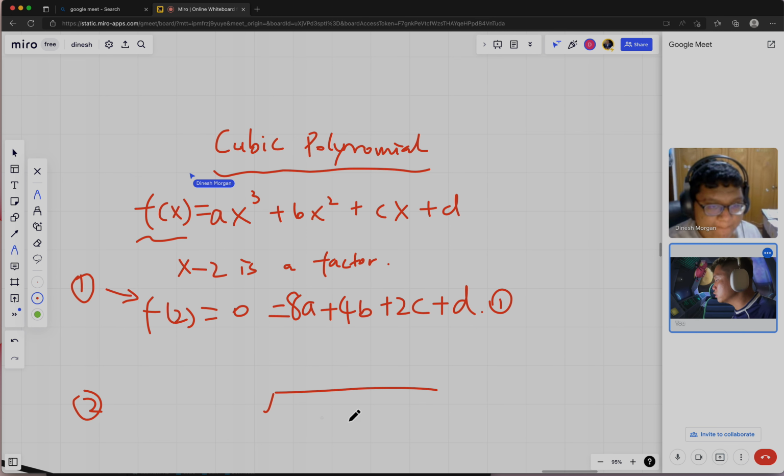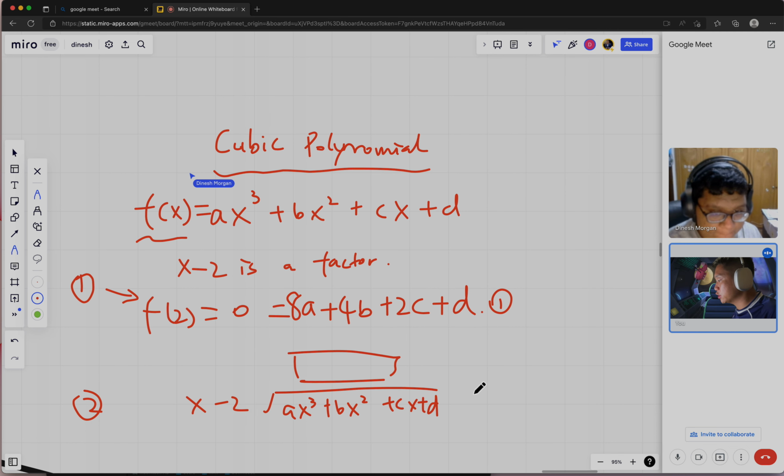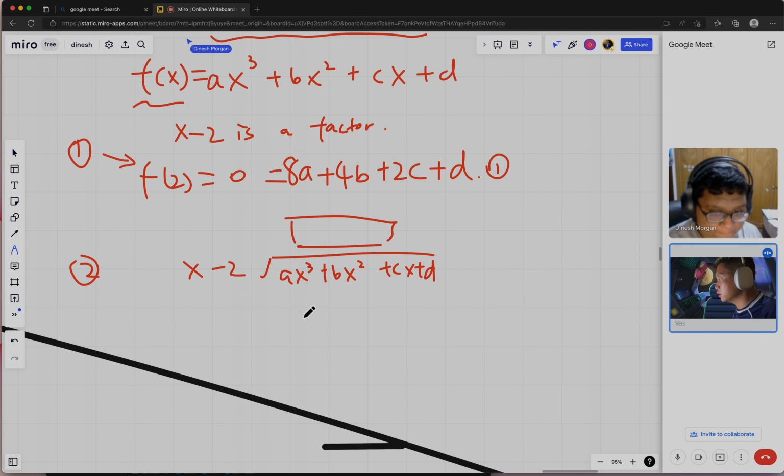Method two is you do the long division. If you have the function f(x), just write it down here. Actually, it's good to have one of the factors, because once you get the x minus 2, you can do the long division. When it's a factor, you're not supposed to have any remainder, right?